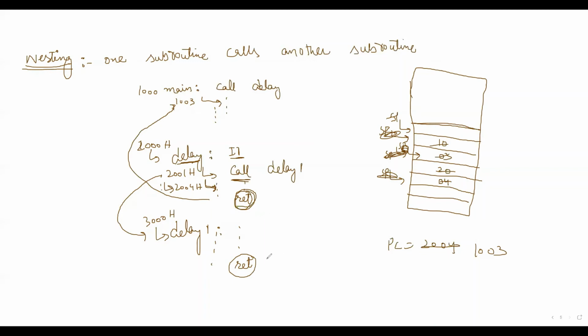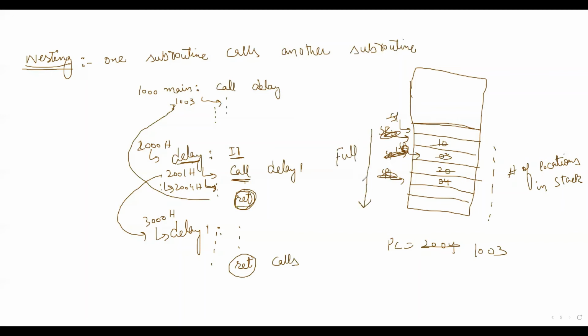So how many nestings can we do? That means how many calls can we do, from one subroutine to another subroutine? We can do it depending upon the number of locations in the stack. If we are continuously doing calls, our stack will become full.